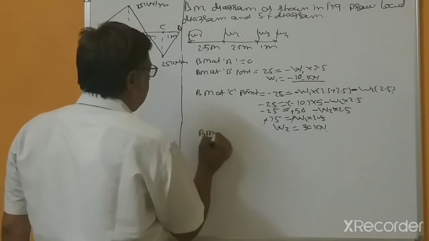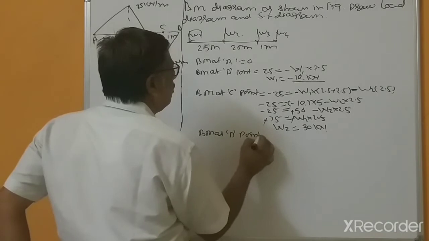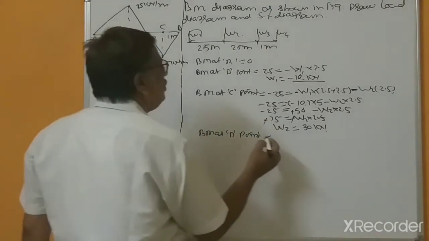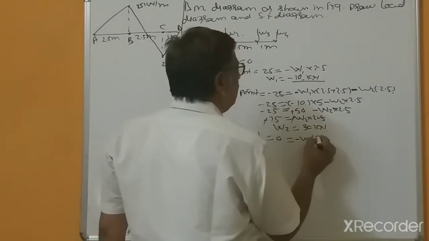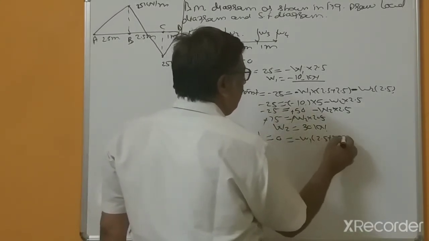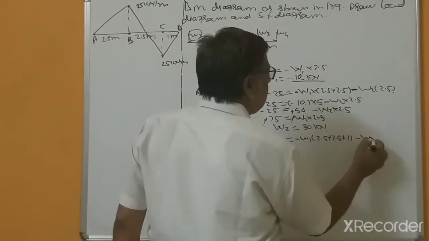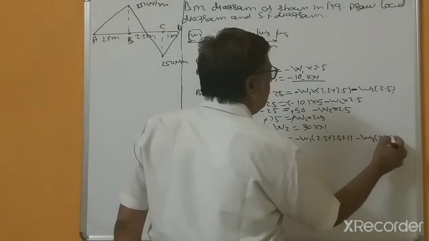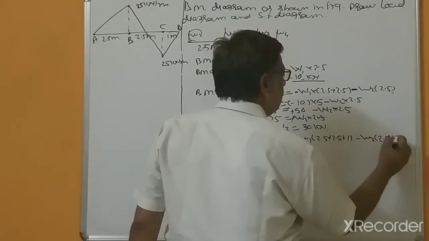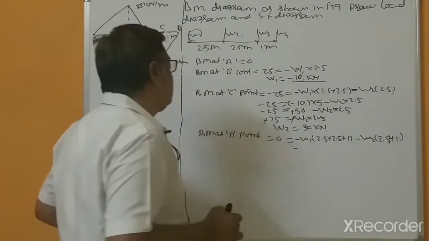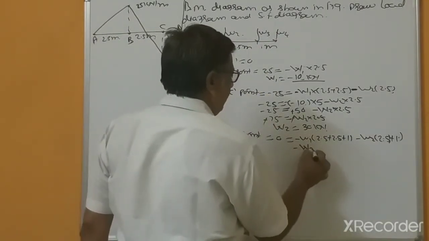Next, bending moment at D point equals 0. Now the moments: W1 into 2.5 plus 2.5 plus 1 meter, minus W2 into 2.5 plus 1, and the third moment W3 into 1.